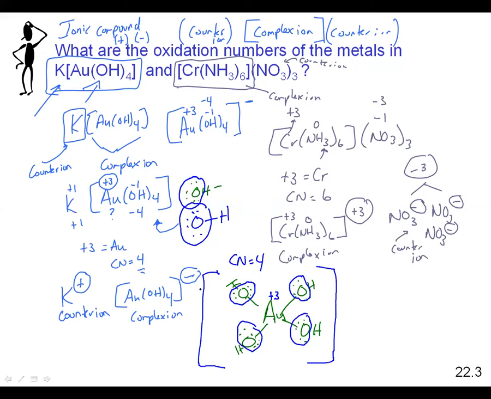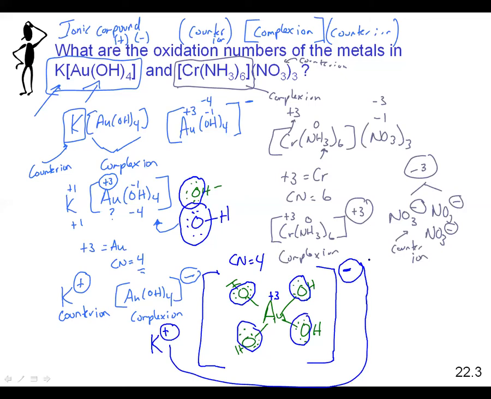And just like in an ionic compound, the counter ion is not really attaching anywhere. It's attracted by the positive and negative attraction there. I'll just draw it that way, between the counter ion and the complex ion. So it's not directly attached to the gold or the hydroxide or anything like that.